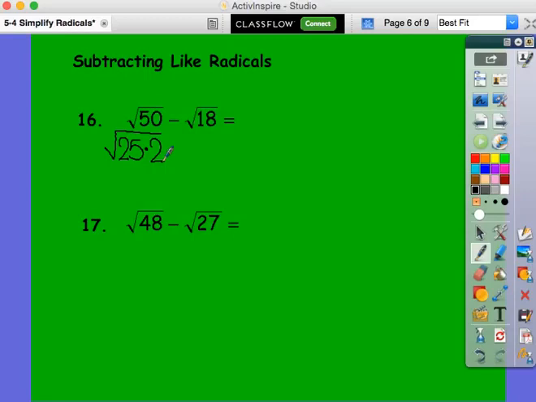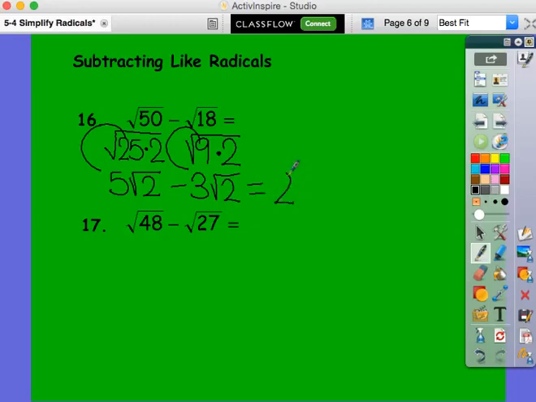Okay, so 25 comes out as a 5, 5 square root of 2, minus, break down the 18 into 9 times 2. The 9 comes out as a 3, 3 square root of 2. Now, what do you think? 2 square root of 2. Oh, very good. 5 minus 3 is 2, and then square root of 2. Very good.